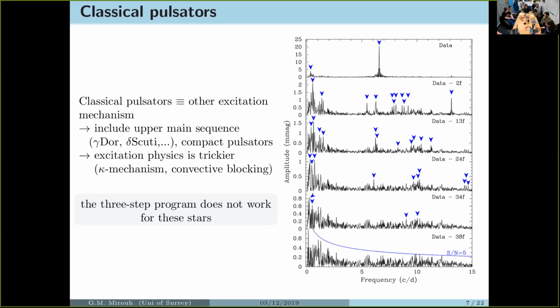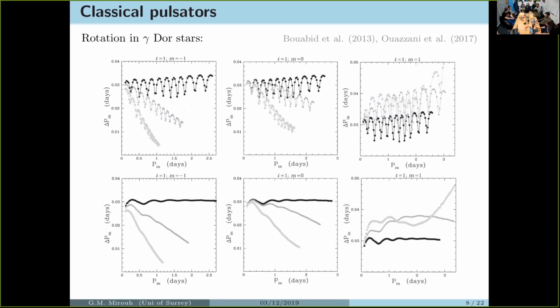Mode identification is not obvious because we don't know the wave selection mechanism in these stars. We know the excitation one, but we don't really know why some of those modes would be visible and some others would not. So the three-step method I described before doesn't work here. But we still have interesting results.